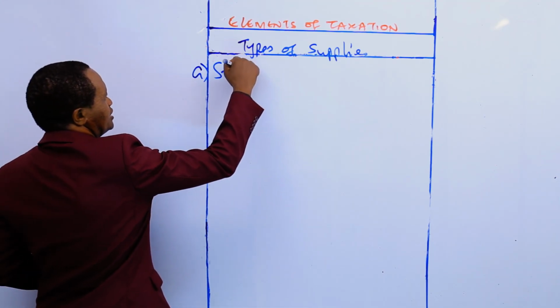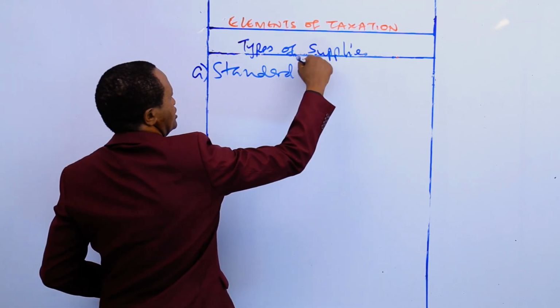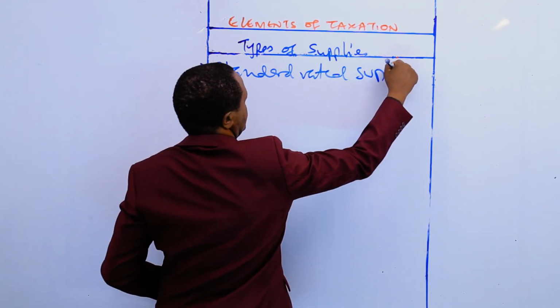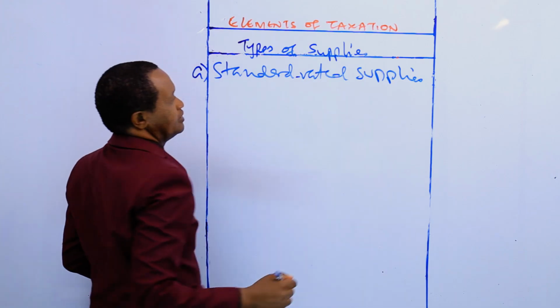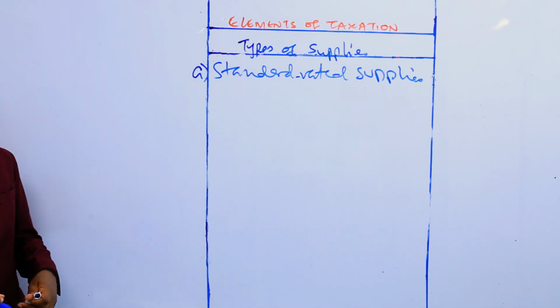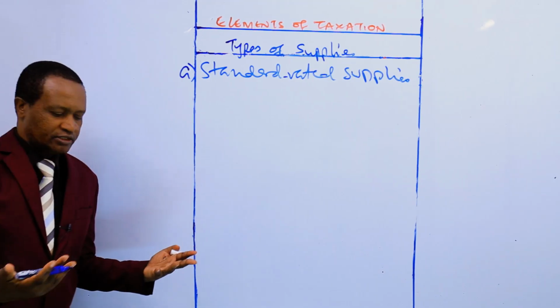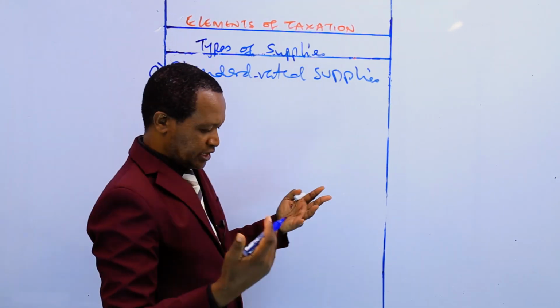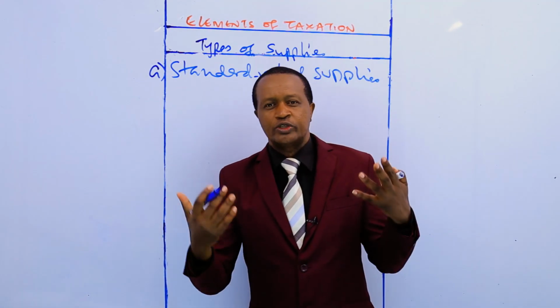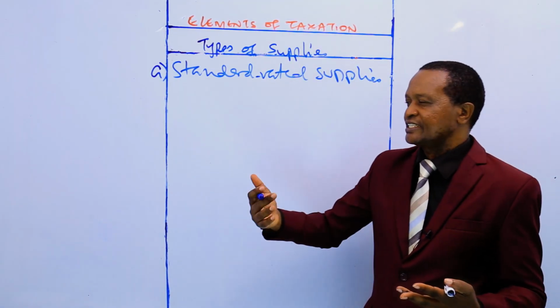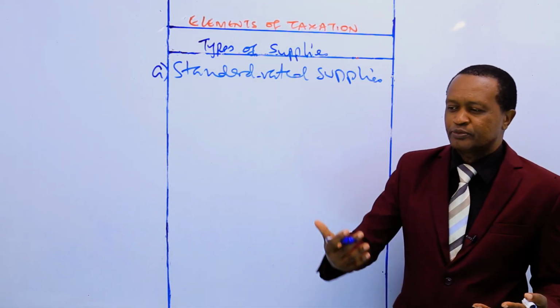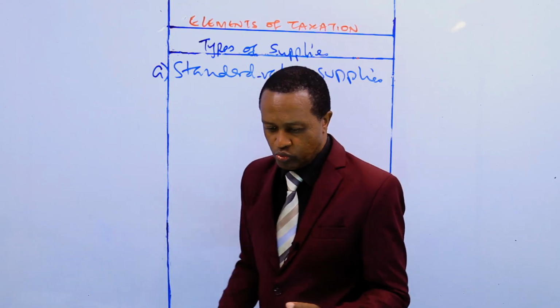Standard rated supplies are goods and services on which VAT is charged at the standard rate that is prescribed by law.